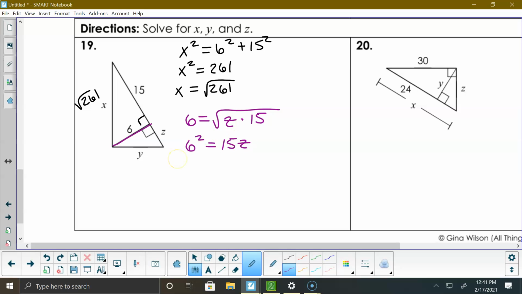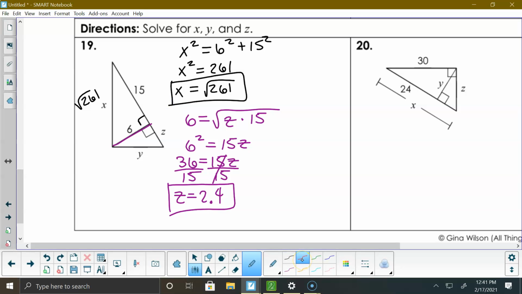And then 6 squared is 36. 36 divided by 15 is 2.4. Or do you guys want to leave that as a fraction? Alright, so it's 2.4. And that's a terminating decimal. I didn't round at all. Okay?